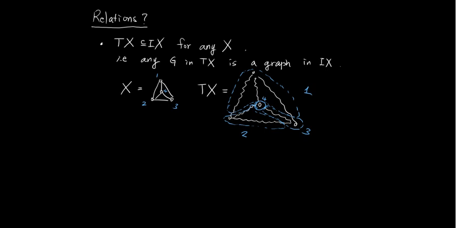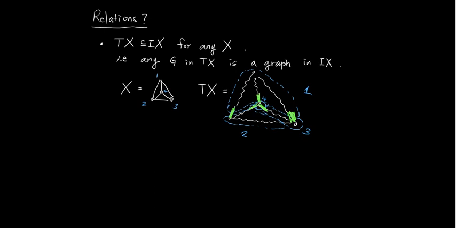Okay, so you see you have a component, and here is the edge. Let me use a different color. Here is an edge between 1 and 2, and here is an edge between 1 and 3. Here is an edge between 3 and 4.